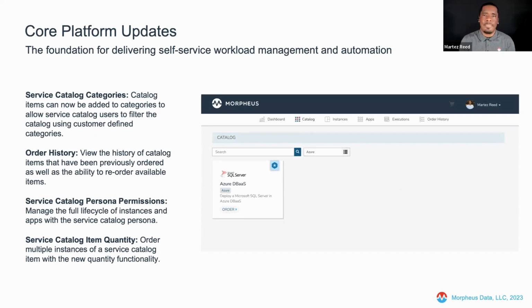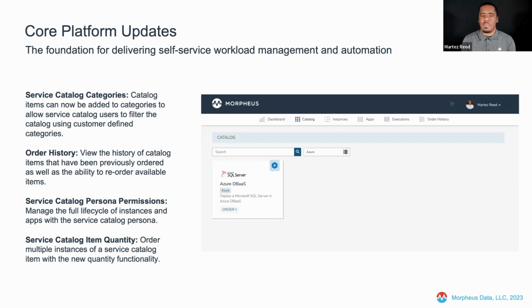One of the things that our customers have run into is, as their catalog grows within the platform, there might be several pages of catalog items, and then there's a need for users to be able to better filter those given items. What can now be done is that a category can be associated with catalog items that can then be utilized to filter the catalog that a given user sees.